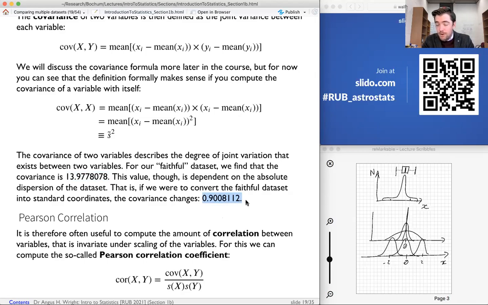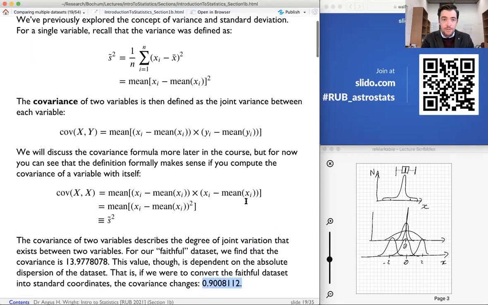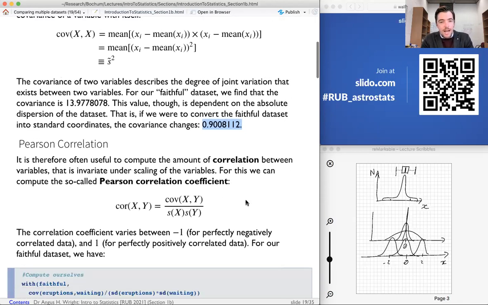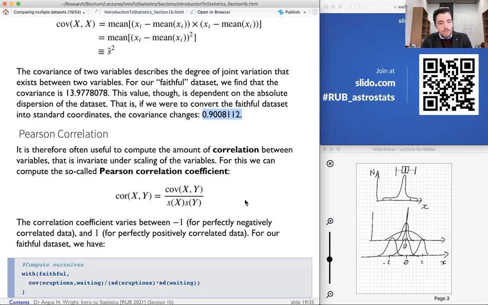Or rather, I don't necessarily see how that can be super useful if I want to learn something intuitive about the relationship between the two values that we have. The reason that that happens, or rather, let's not talk about that for a second.